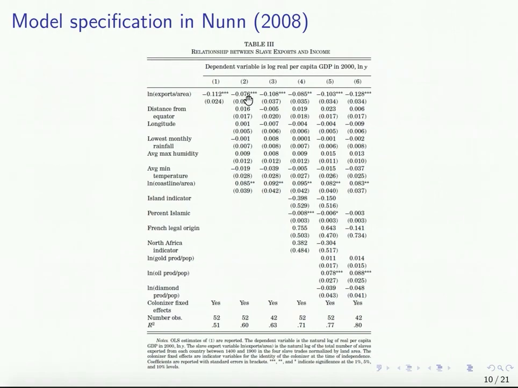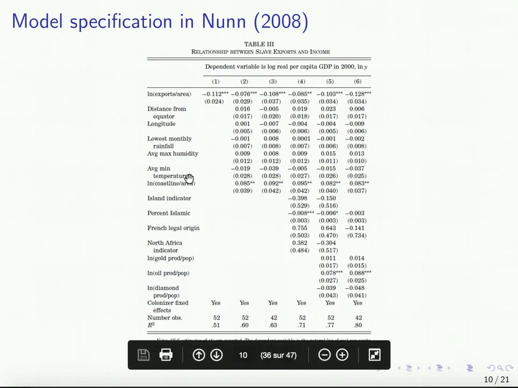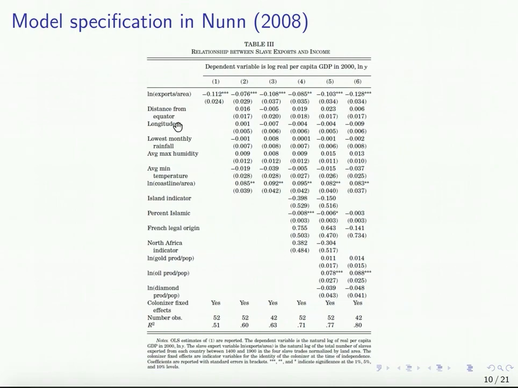Then you're going to look at different types of models. So in the second column here, I have the same independent and dependent variable. I'm still controlling for a fixed effect for the colonizer type, but I'm also going to control for other variables.